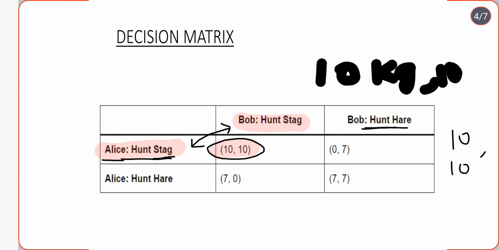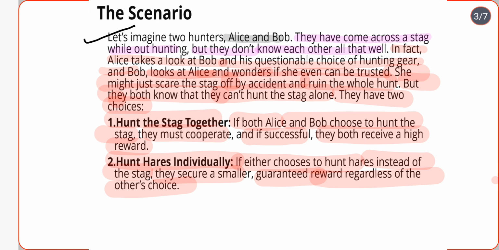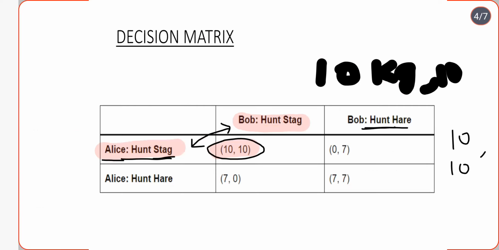So what will happen here? As it is written here, Bob will scare the stag by accident and ruin the whole hunt. So here what is happening? Alice is thinking of hunting the stag, but Bob is thinking of hunting the hare.